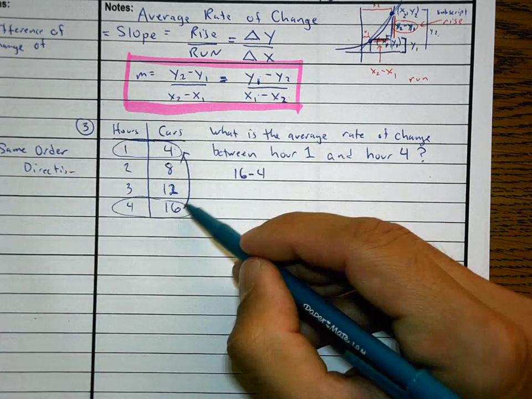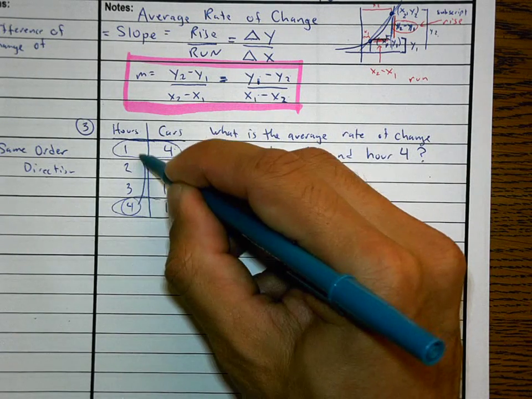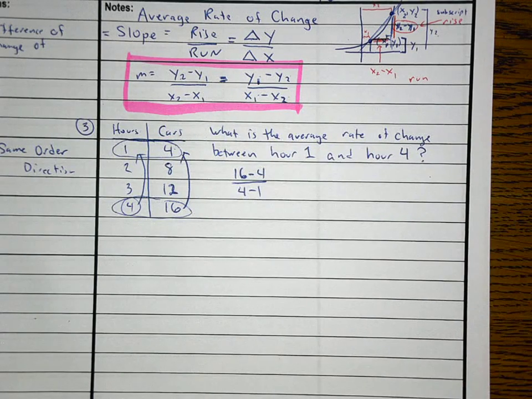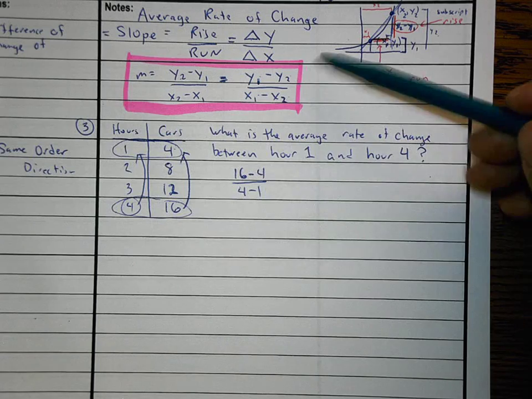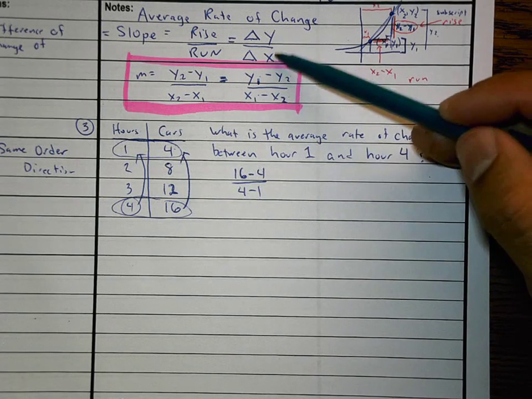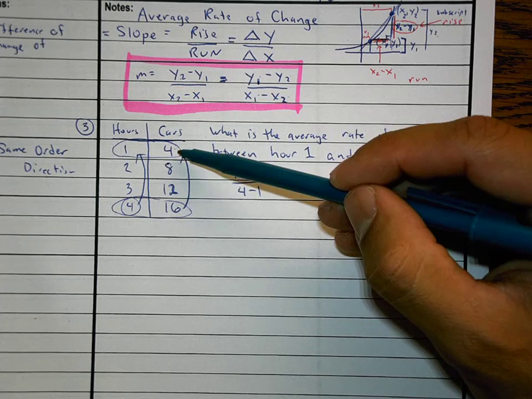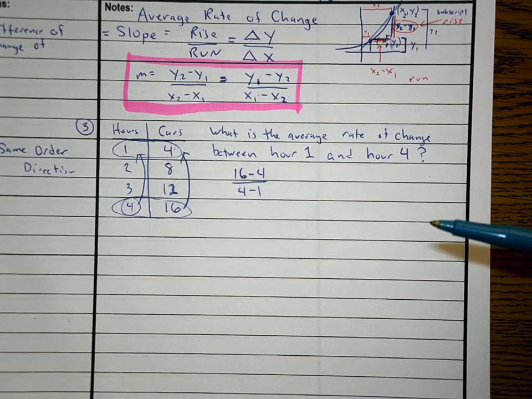Meaning if I do 16 minus 4, I have to do 4 minus 1. Otherwise it will be incorrect. That's why I like this delta y over delta x formula, because I'm doing the change in y. How much is it changing by for the y's over the change in x's? It's an easy way to remember it.